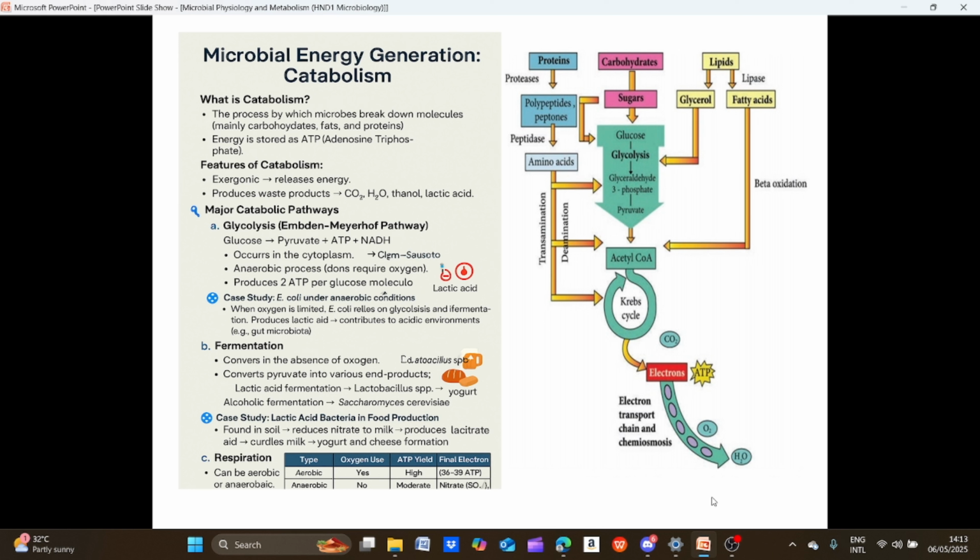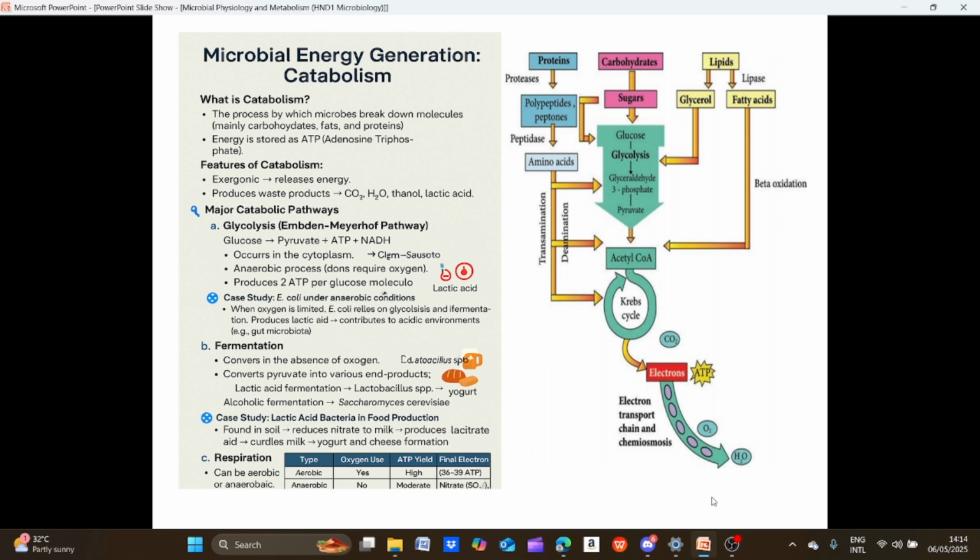Lipid, protein, and carbohydrate are the three major macromolecules apart from the informational molecules. Lipid, in the presence of lipase, is broken down into fatty acid. Then under beta oxidation it produces acetyl CoA, thereby entering through the Krebs cycle.